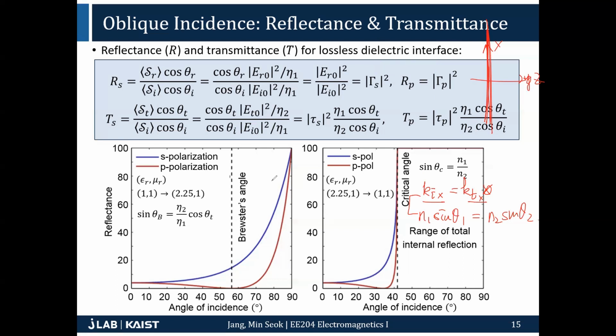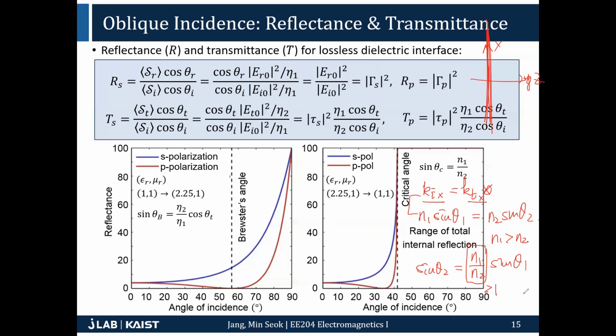And what we want to talk about now is that previously what we said was, okay, then sine theta 2 is n1 over n2... rather, n1 over n2 times sine theta 1. And if n1 is larger than n2, then this is larger than 1.